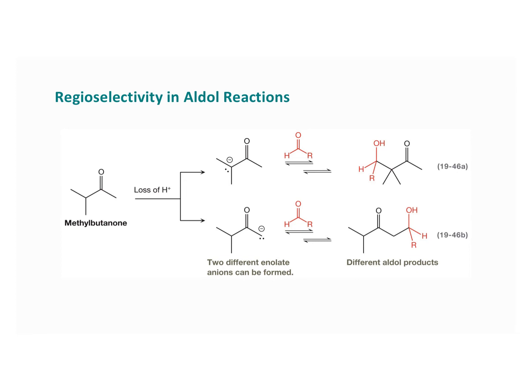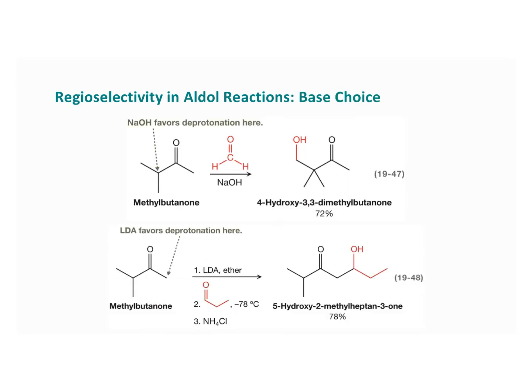But as we've learned, the choice of base can often control which enolate ion is predominantly formed, and that allows us to control the regiochemistry of these kind of aldol reactions. So let's look here at example 1947.